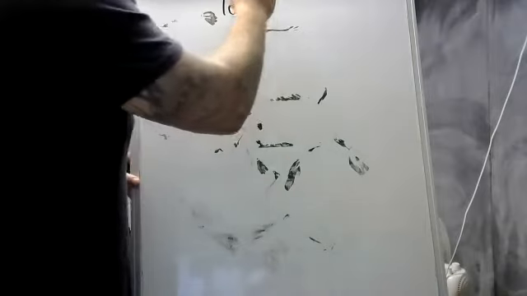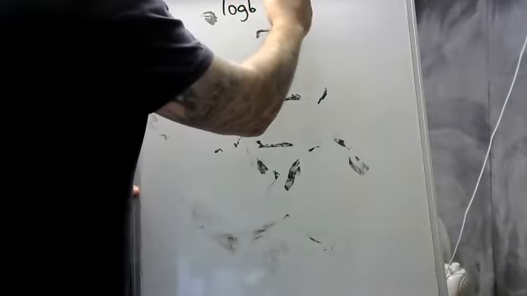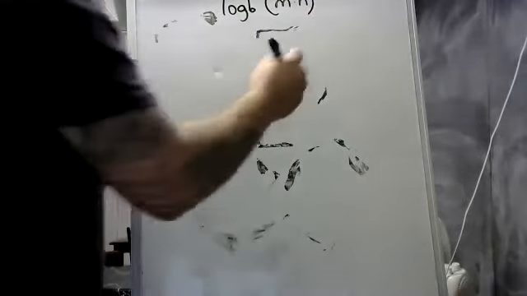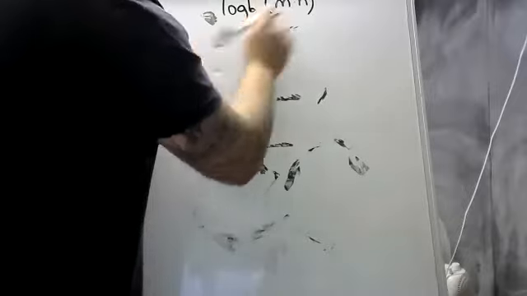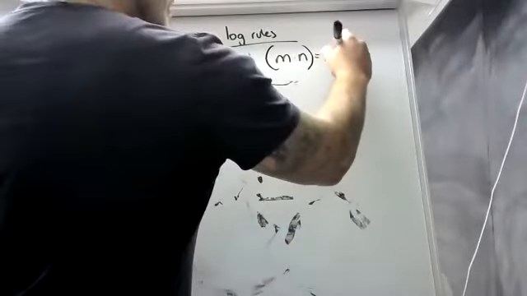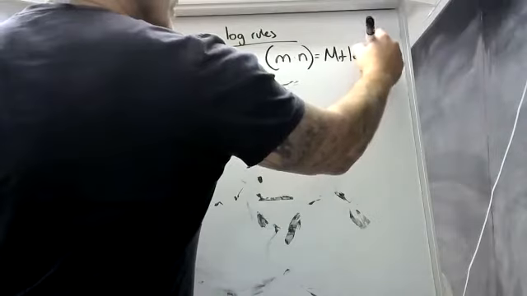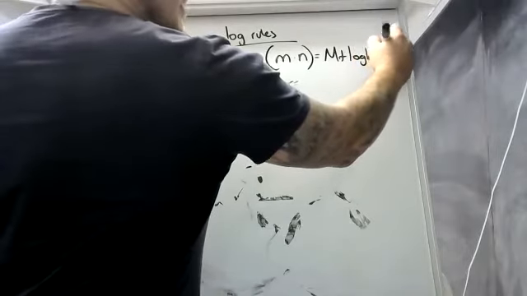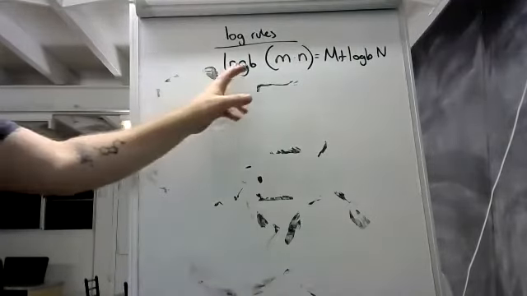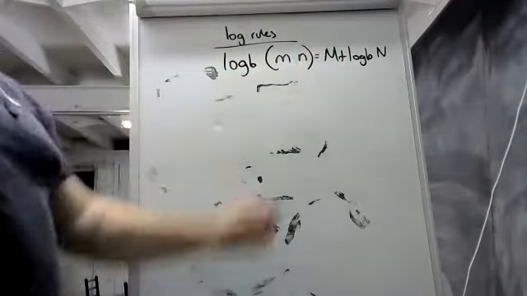The product rule tells us the logarithm of the product is the sum of the logarithms of the factors, or log b of m plus log b of n.